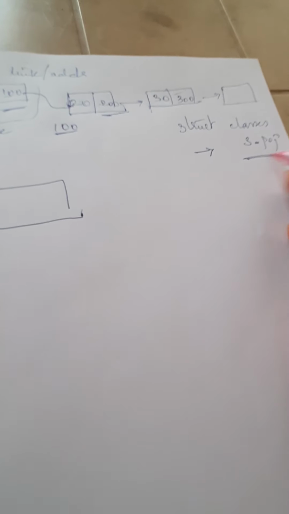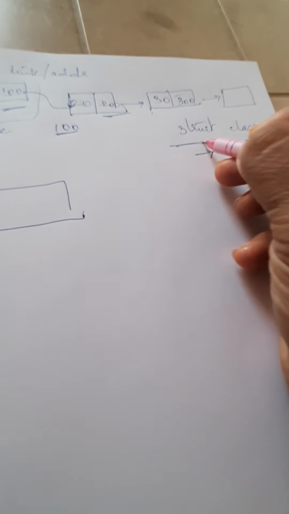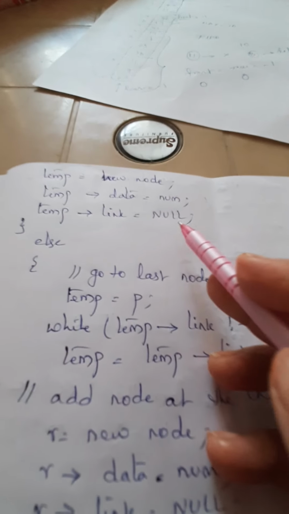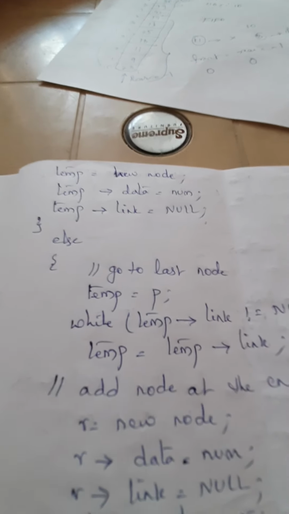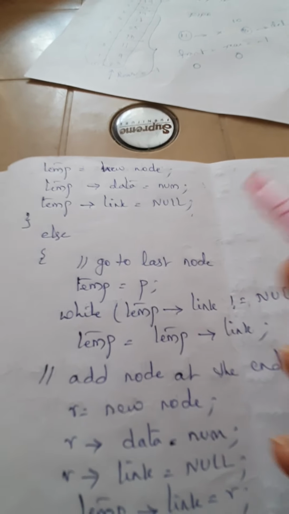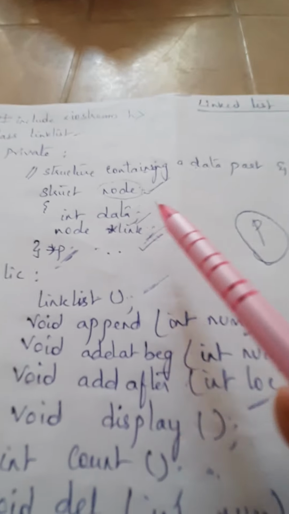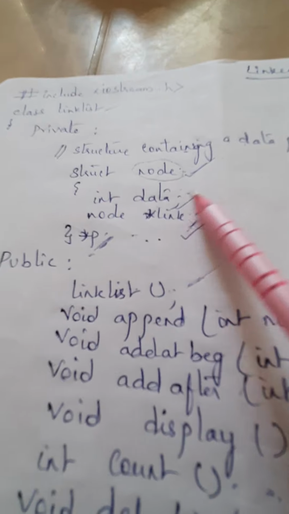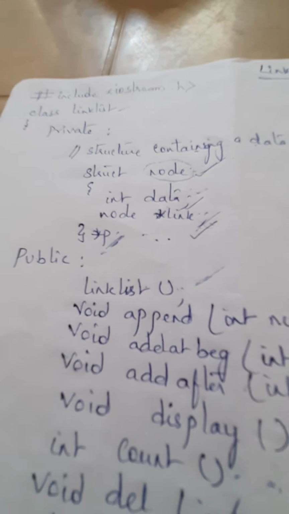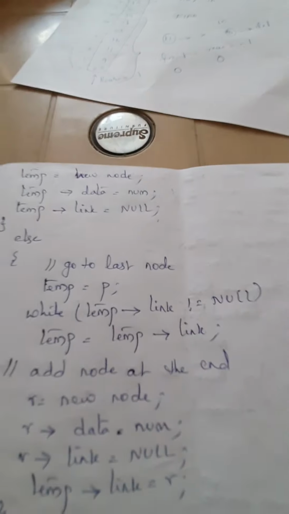That is the difference: with a structure, the members are called by using an arrow. So temp->data = number. Whatever number you are passing will be stored in the node structure, so the data is initialized with the number you pass.